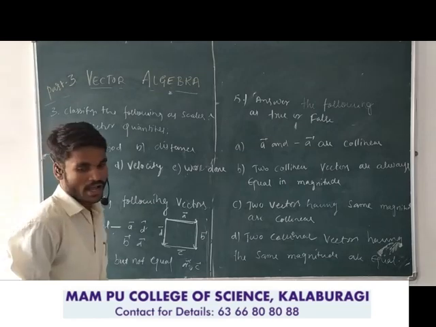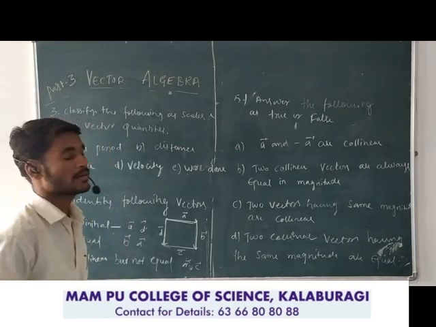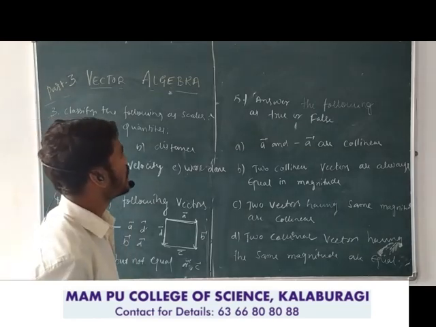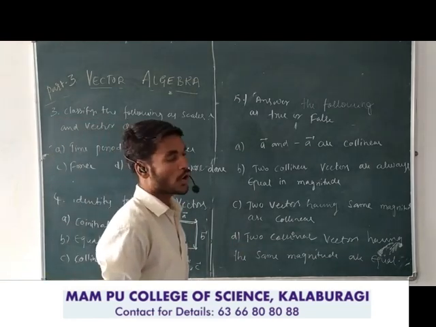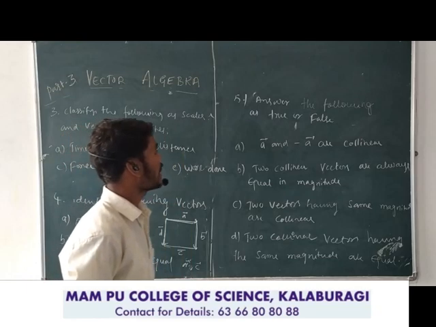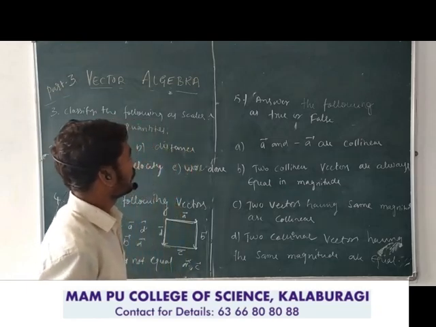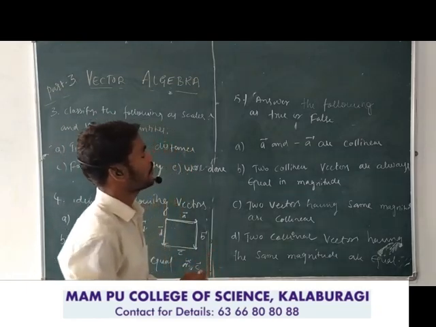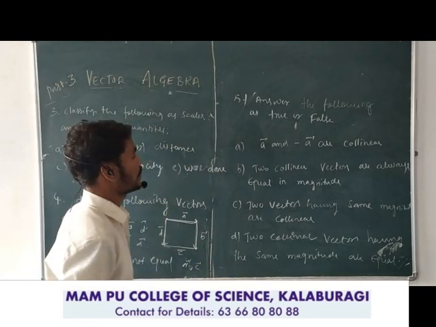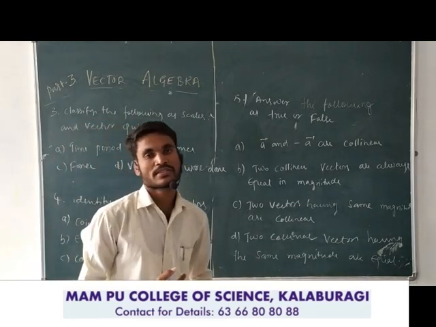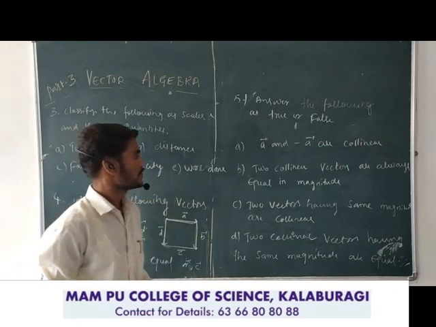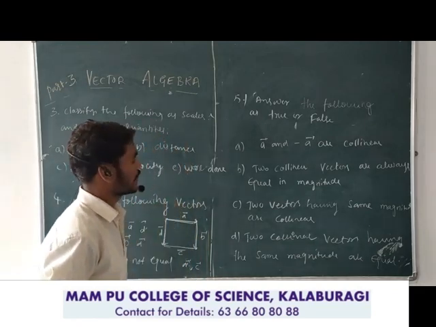And next, the last problem in your exercise 10.1. The last, fifth problem is to answer the following as true or false. We have to choose which one is true and which one is not true. In your definitions of types of vectors, we already know the negative vector.